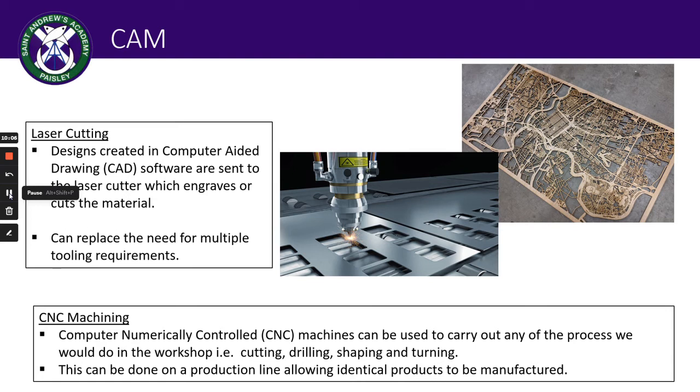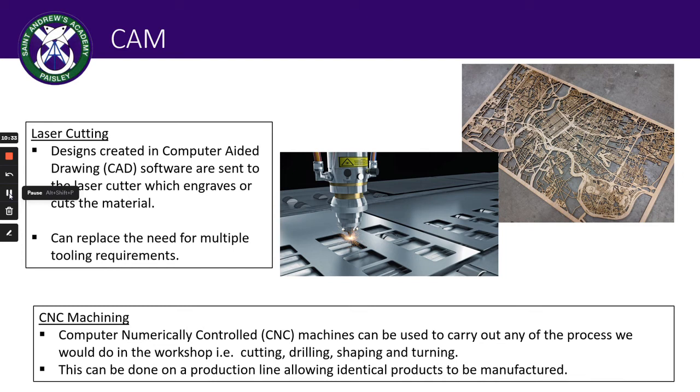In the photos we have an example of cutting metal and then plywood for an architectural model of a city plan. So using the laser printer, you can replace the need for having multiple different tools. So rather than having to change all the tooling bits throughout the process, the laser printer can be used as a single tool to create the design.